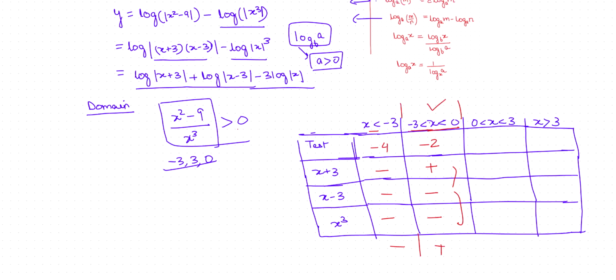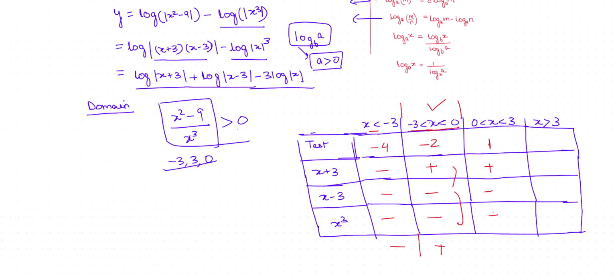Now let's take any number when x is greater than 0 and less than 3 and test it. Suppose we take 1. So 1 plus 3 is positive, 1 minus 3 is negative, and 1 cube is positive.